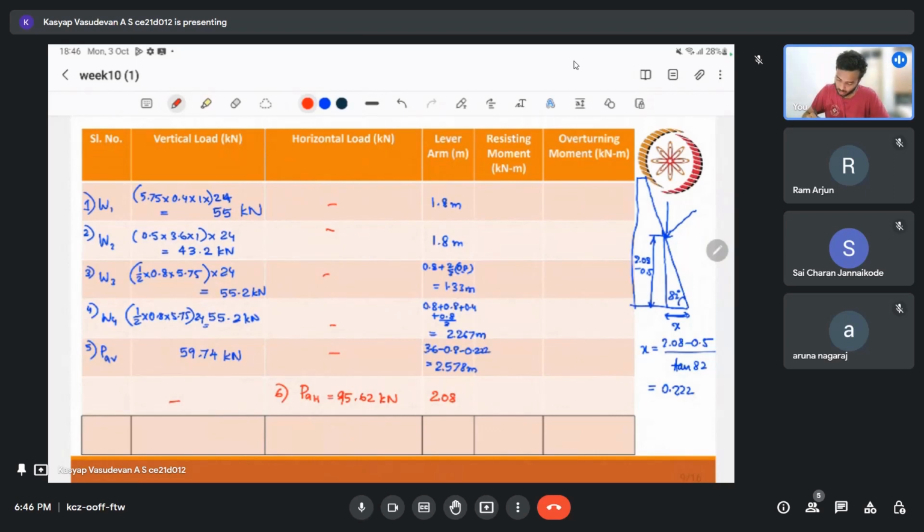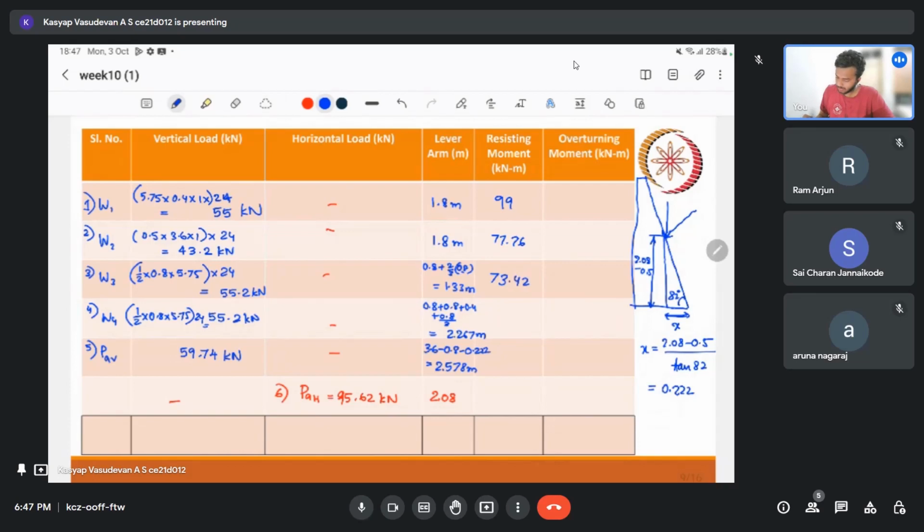So the resisting moment is, for example, the first weight is 55 into 1.8, so that is 99. If you just multiply, you'll get it. Second one is 43.2 into 1.8, that will be 77.76. Third one is 55.2 into 1.33, that will be 73.42.